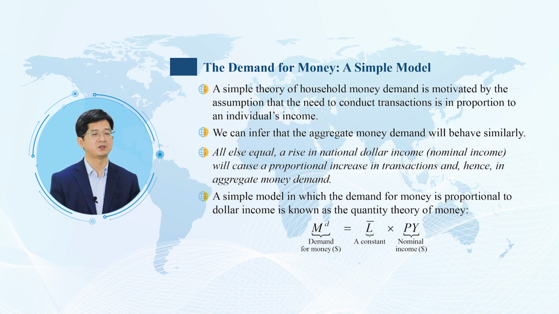Demand for money is equal to a constant times nominal income: M^D is equal to L bar times PY.